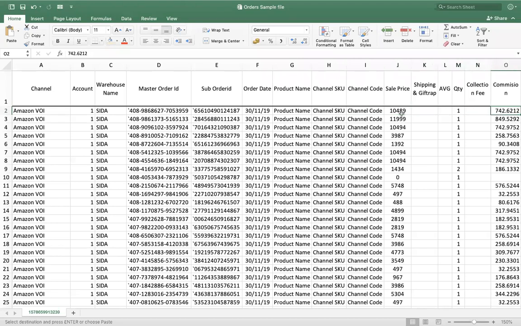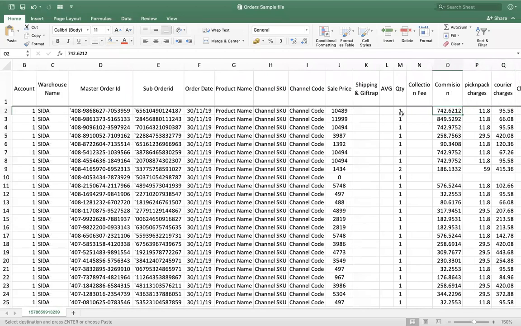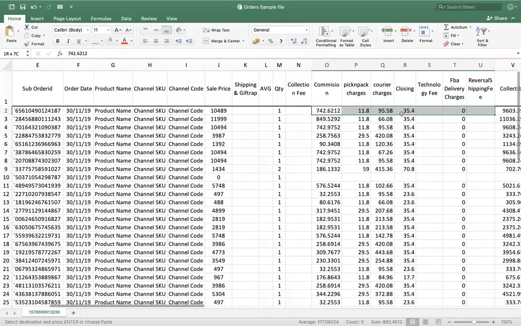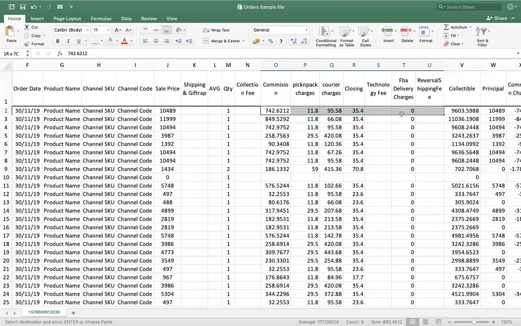Now, on a very simple line item level, you will be able to see what was the commission that was charged, what is the pick and pack fees, what was the shipping fees, the closing fees, if there are any other fees. On column V, you will see what was the collectible, which means 9,603 rupees is supposed to be received by you after Amazon settles this account.